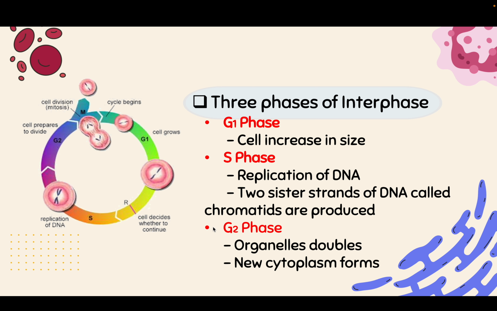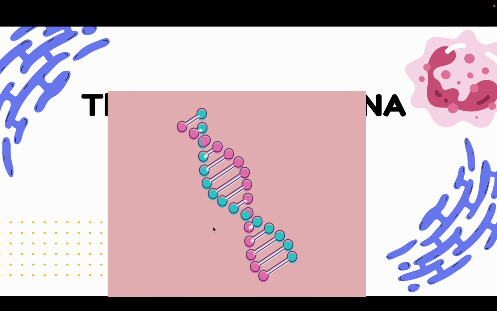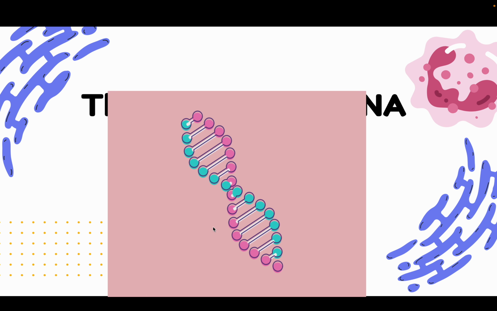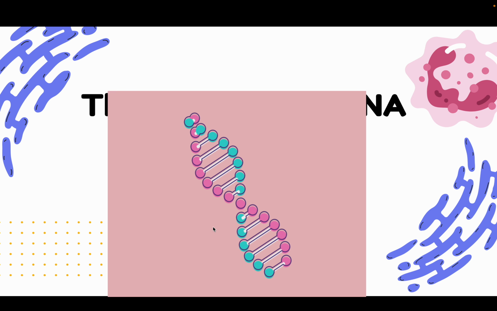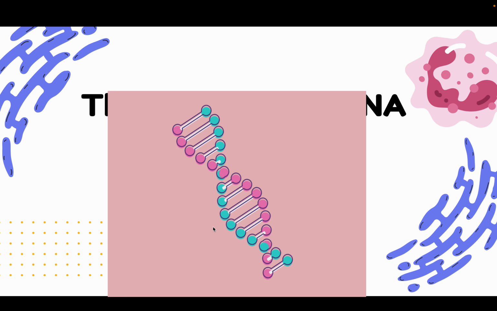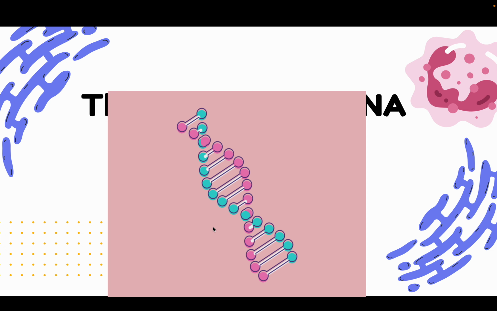Before the cell enters the cell division stage, the karyokinesis and cytokinesis stage, we expect at G2 the organelles are already doubled in number and additional cytoplasm is produced. Now, let's take a look at the DNA material, the genetic material, before we proceed to discussing the cell division proper.